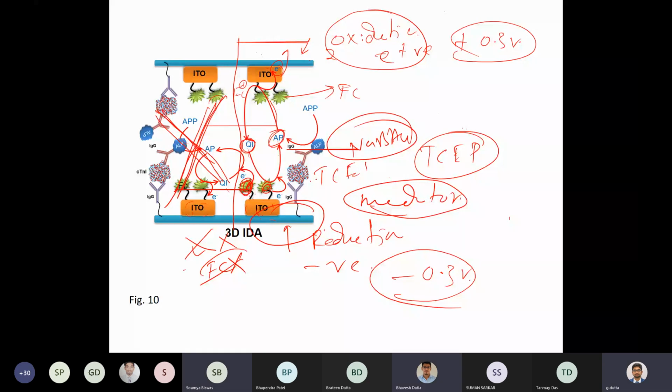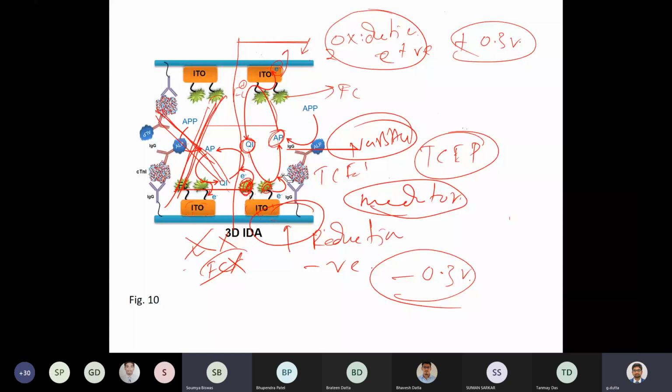Yes, sir. But if we use FC, then on the bottom electrode we have to use FC plus, and on the upper electrode we have to use FC, for oxidation to happen on one and reduction on the other, right? Yeah, that's what I'm saying.